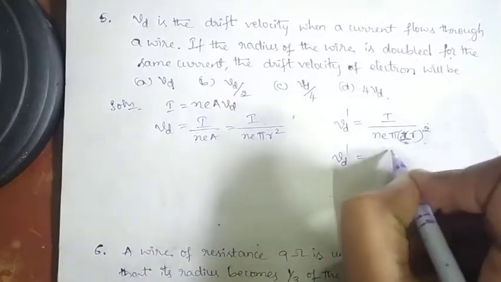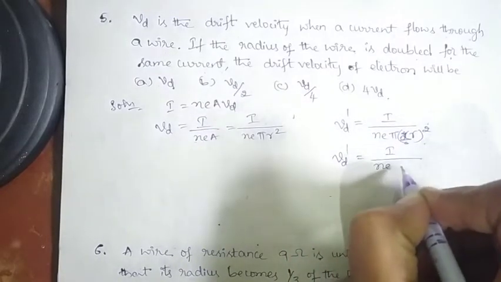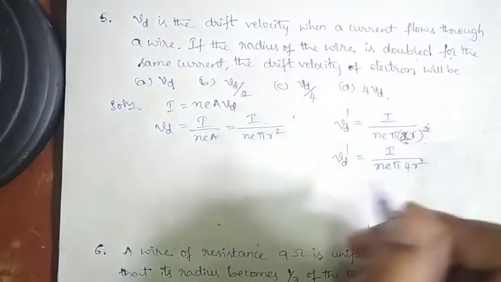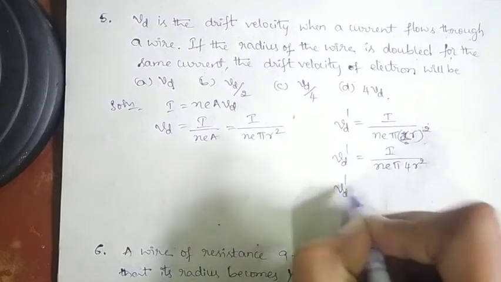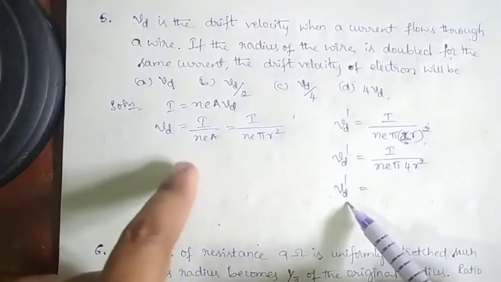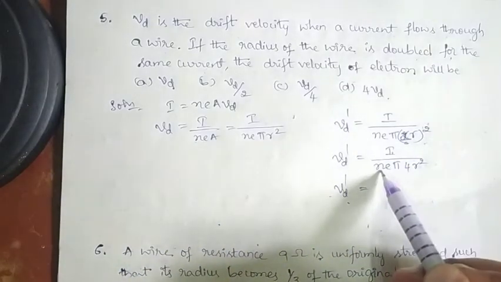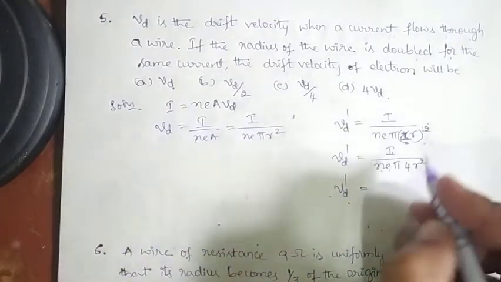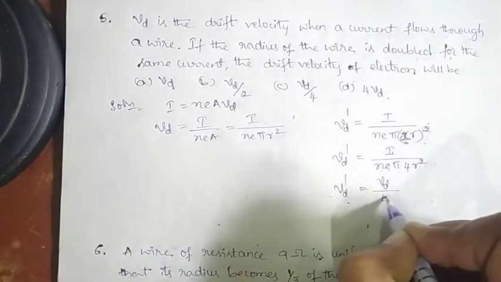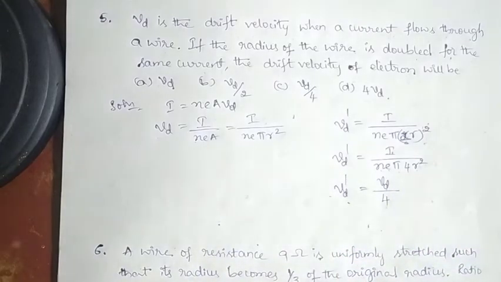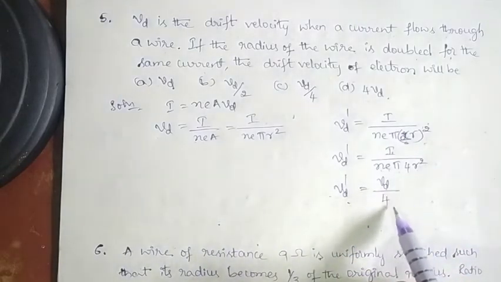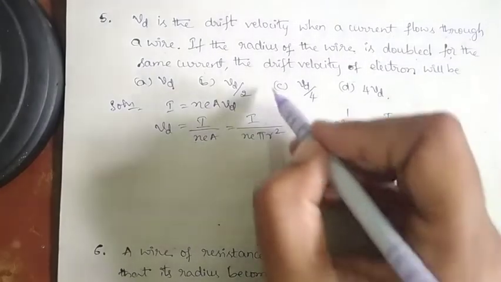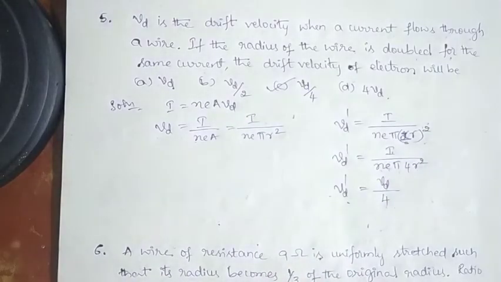Vd dash equals I divided by NE pi, 2 twos are 4, r square. Now Vd dash equals I divided by NE pi r square, which is Vd, with 4 remaining in the denominator. Therefore, Vd dash equals Vd divided by 4. The option will be option C.